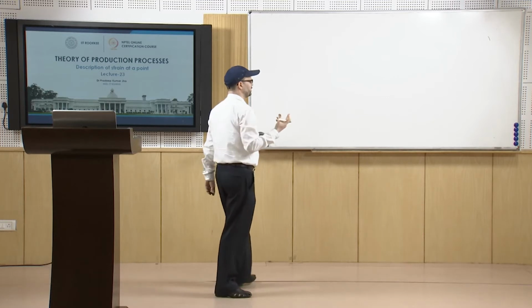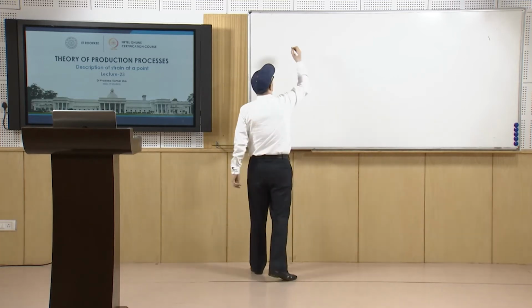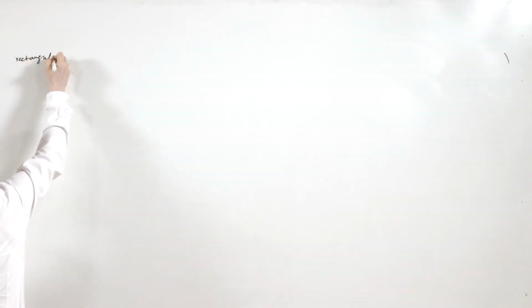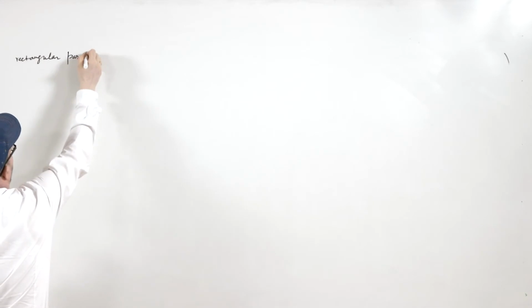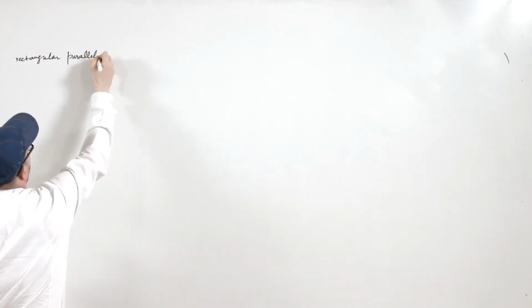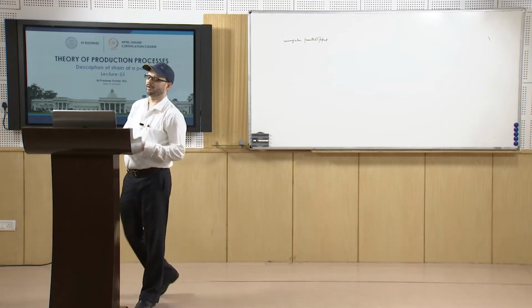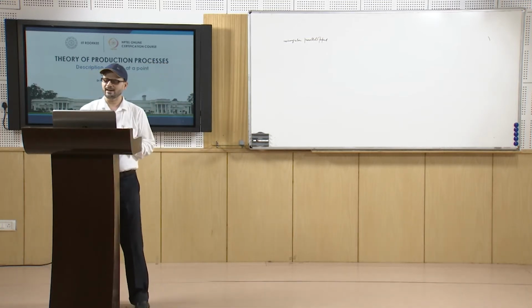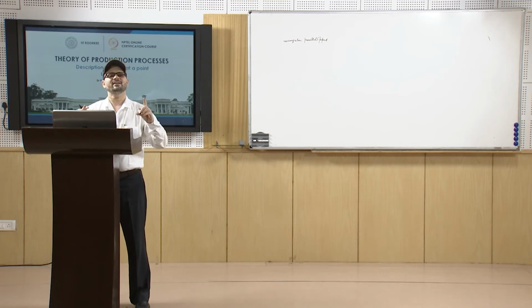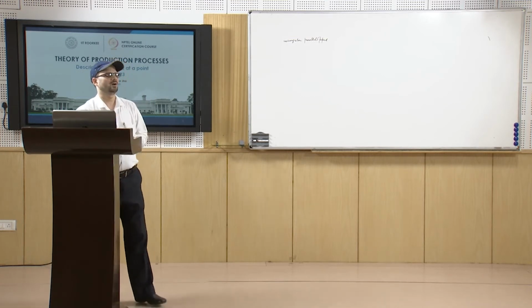Now if you talk about the volumetric strain, suppose you have a rectangular parallelepiped, with sides dx, dy and dz.